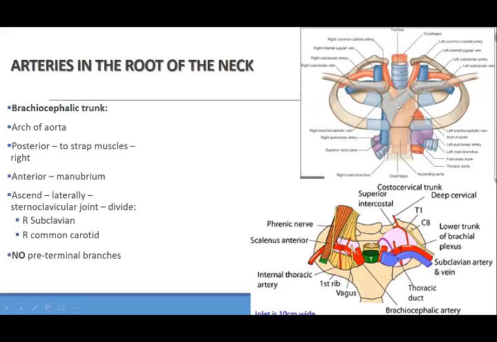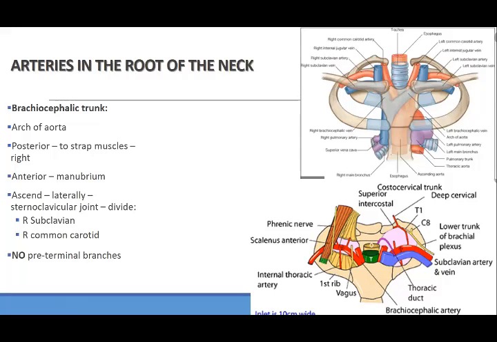It is the first branch arising from the arch of the aorta, runs in the superior mediastinum, and passes behind the sternoclavicular joint. Anteriorly it is covered by strap muscles. Okay?